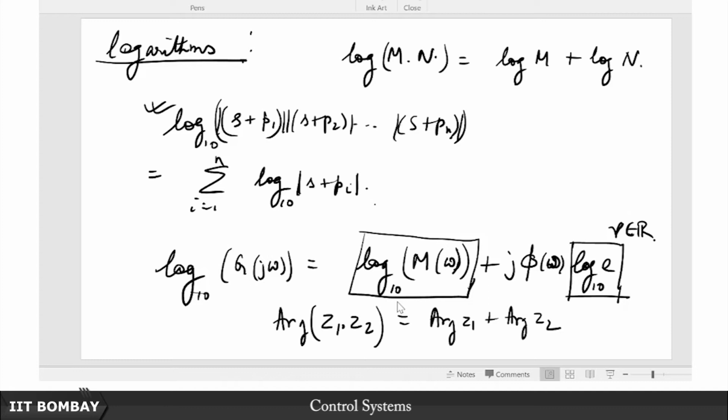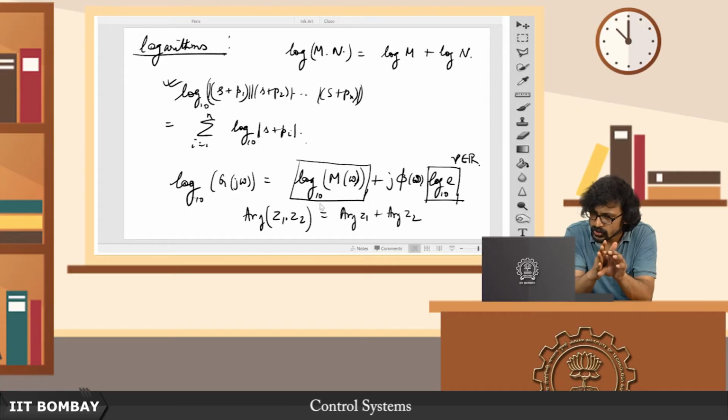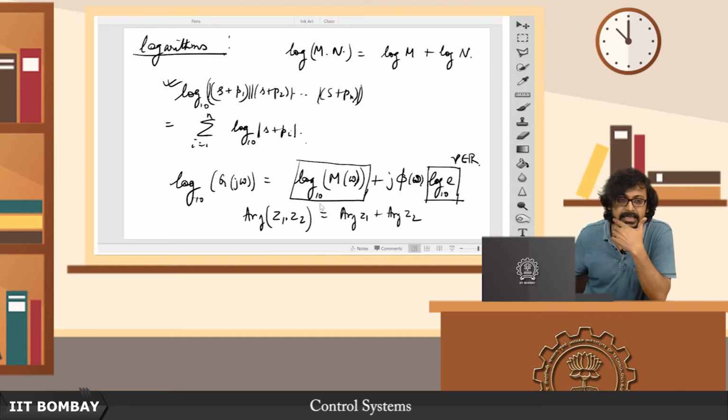You find out the individual phases of those blocks, add them together if they are in product, subtract them if they are quotiented. You do the same with the log of the magnitudes as well. So the same type of operation, and that is in a sense a Bode plot.